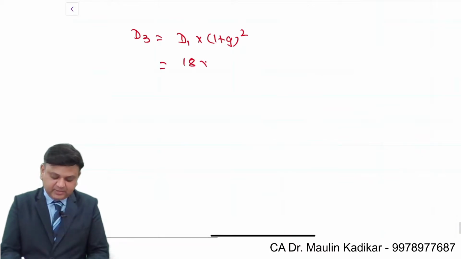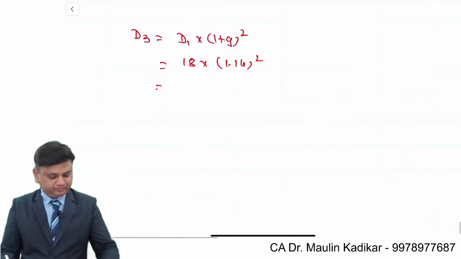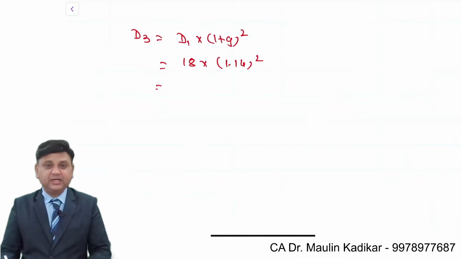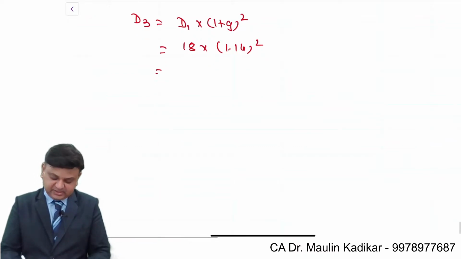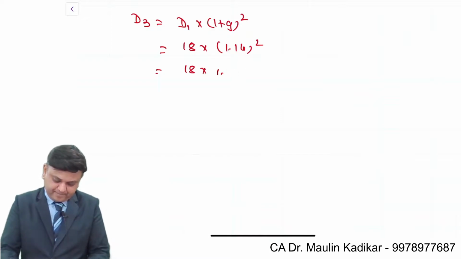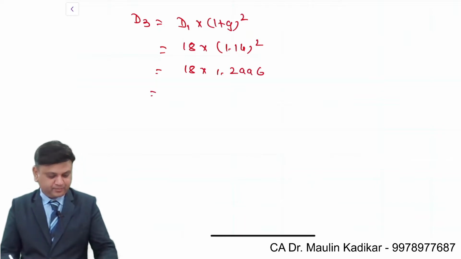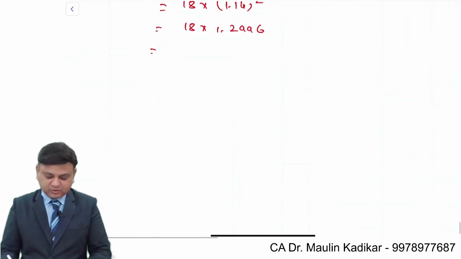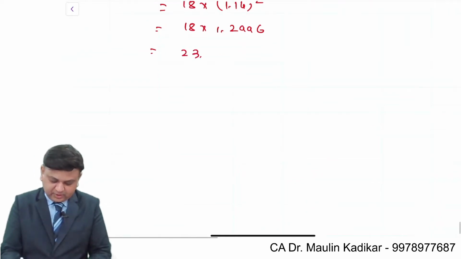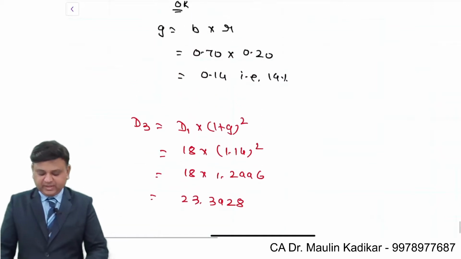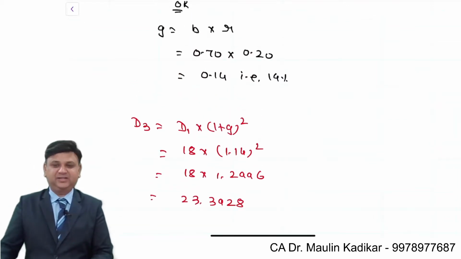That is 18 rupees into 1.14 raised to 2. That comes to 1.2996. Into 18, that comes to 23.3928. That is also the way we can make the calculation of the D3.